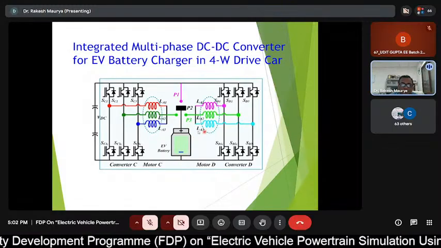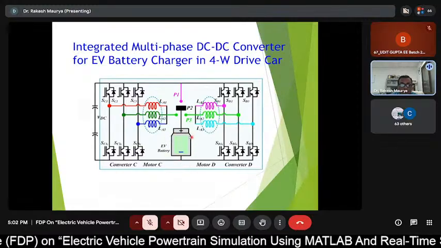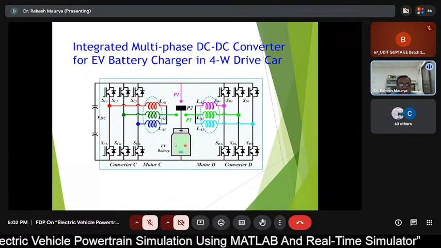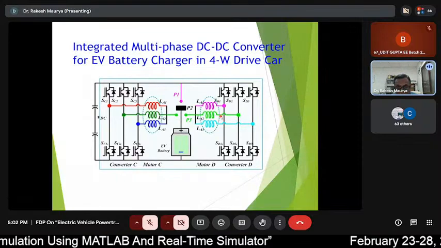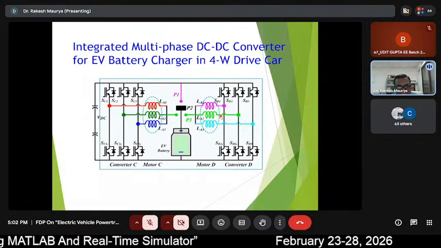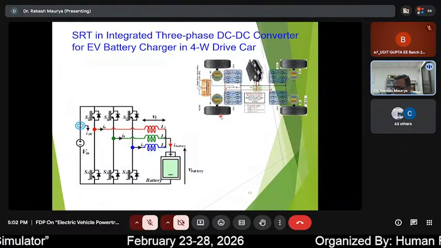So you are going to get a total of 60 ampere current during charging. So if you want, you can make a fast charger. The same infrastructure available in the machine can be utilized to charge at a very high rate of charging. So this is the SRT integration.